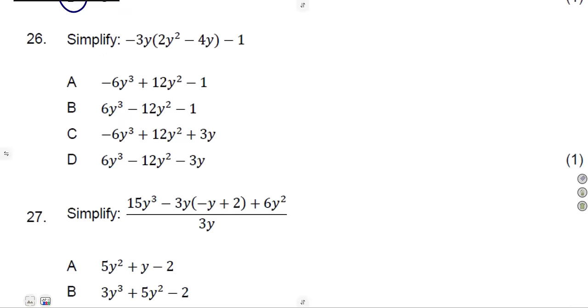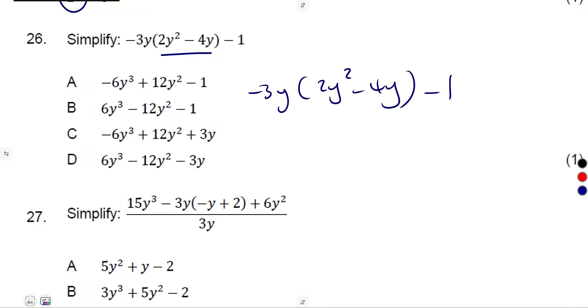All right, if we are to simplify, there is a bracket, so just expand the bracket. 2y squared minus 4y minus 1. So the term to expand the bracket is the minus 3y squared outside of the bracket. Remember, guys, when multiplying, you just add the exponents.